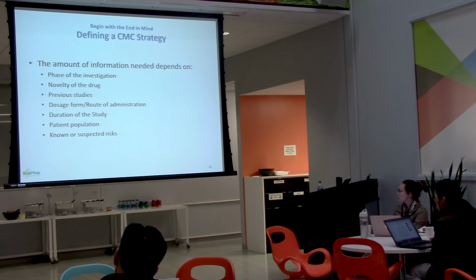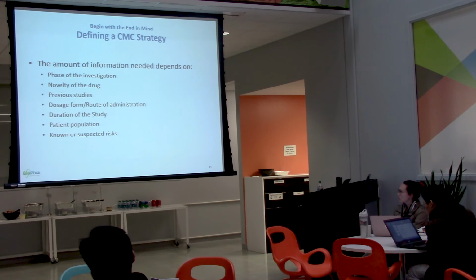Are there any previous studies? Are you using this same drug for different indications? So it's a new clinical trial, but you've got a lot of the toxicology and the other information already developed for that drug because of those previous studies. What's the dosage form, the route of administration? That can change what you need to put in. What's the duration of your first clinical study?